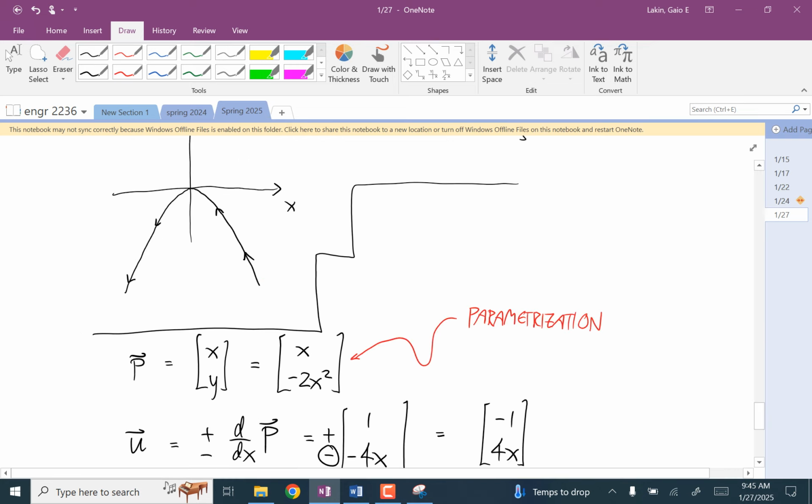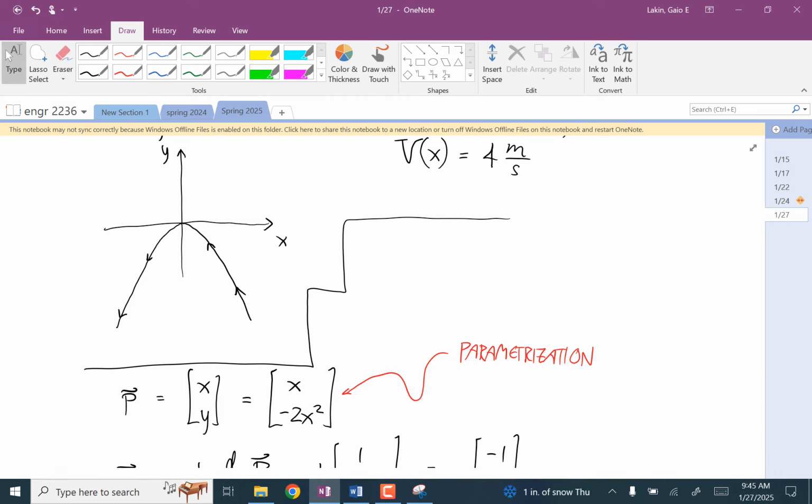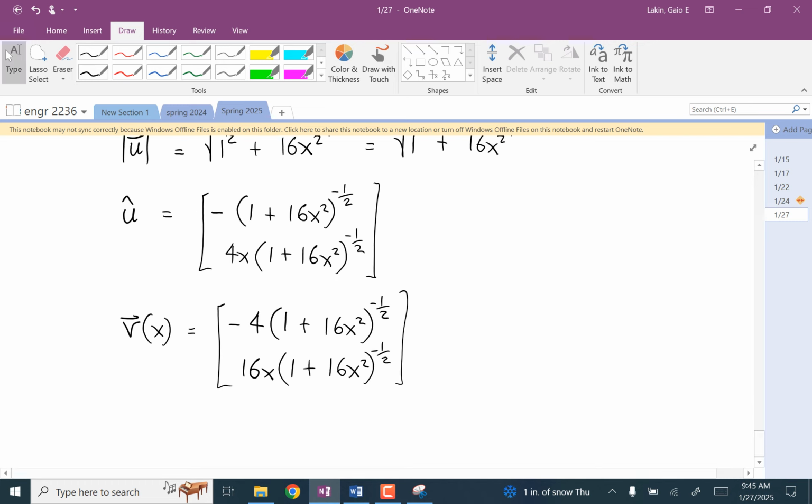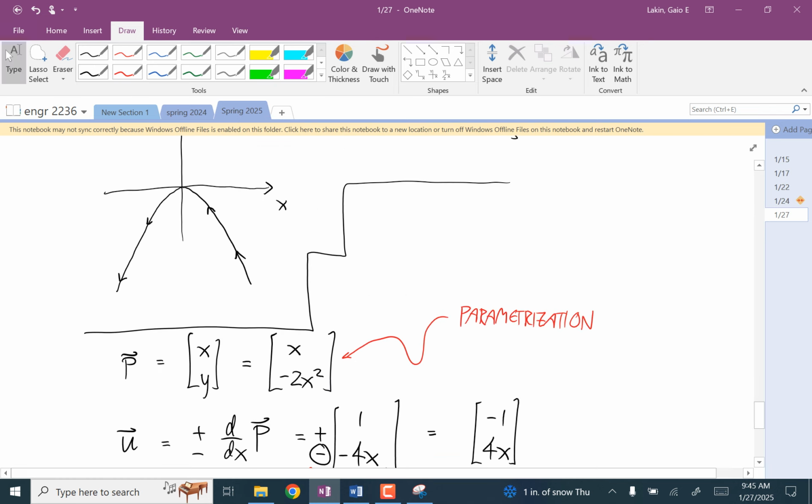So for this object that's moving with a speed of 4 meters per second along this path, at any x value, this tells you the velocity vector. Like at any x value, if you plug in x equals negative 1, you get a vector that's tangent to the path in the direction of motion, and its magnitude is the speed.